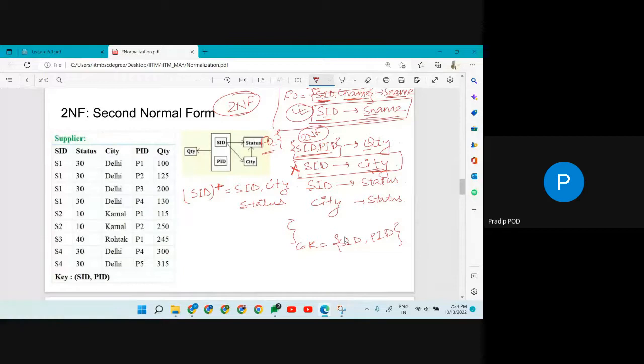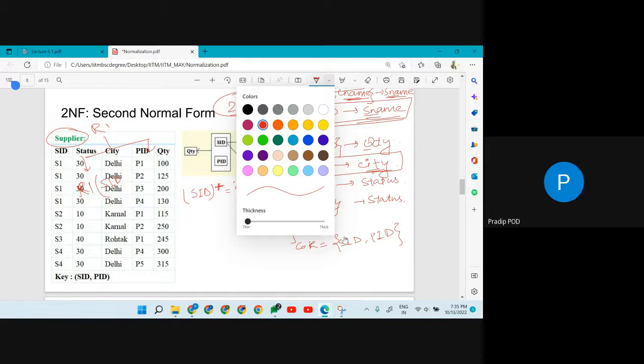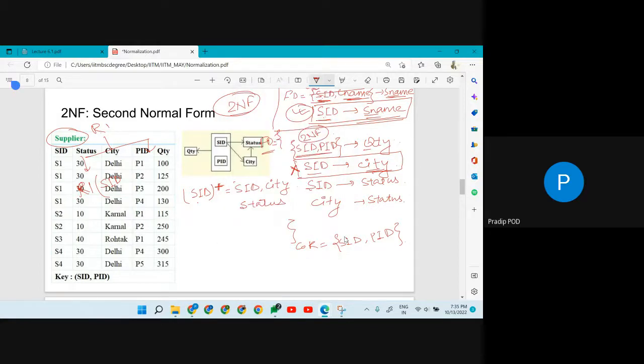Then you got these attributes, and you have to decompose the relation R. Suppose this is your R. It is decomposed into one table that contains all these attributes: SID, CT, and the status.